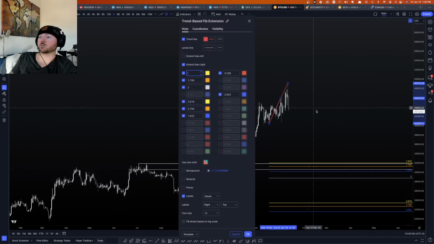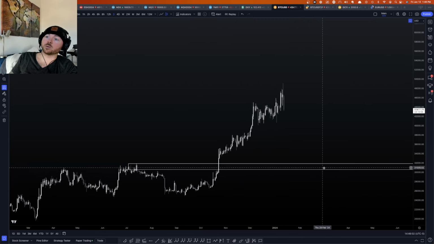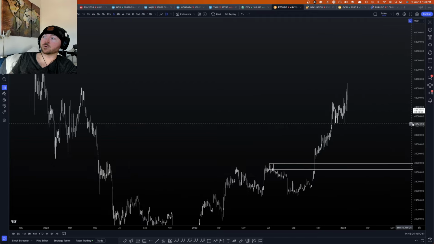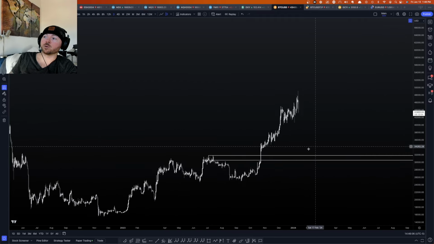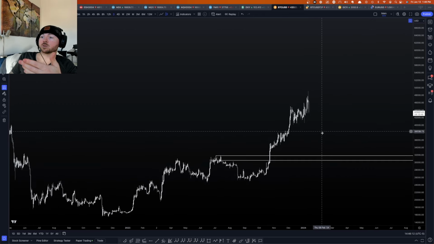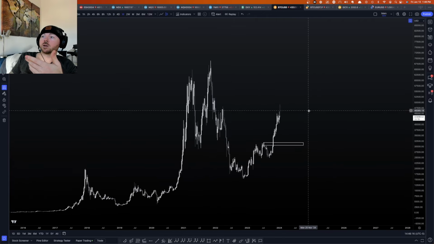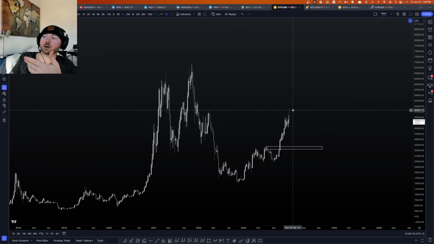Not saying it has to happen. I'm just saying if it does happen, that's an area where I'd be interested, thinking that there could be some kind of low, some kind of reaccumulation type deal. But in the back of my mind, I would also know that we did hit a very significant area that it reacted from to get down here.